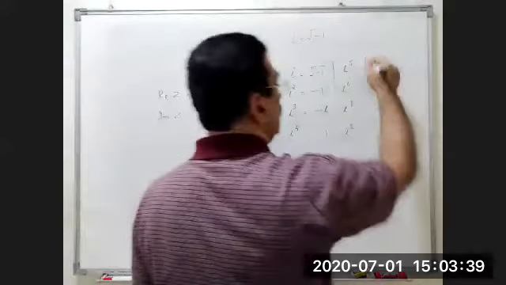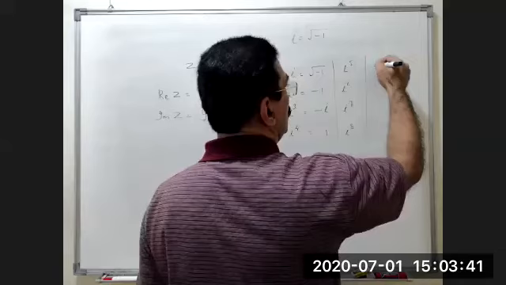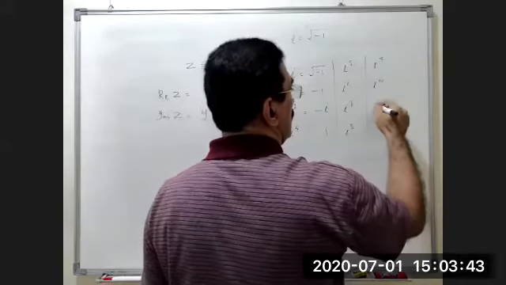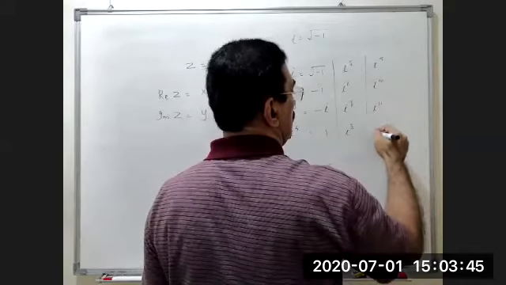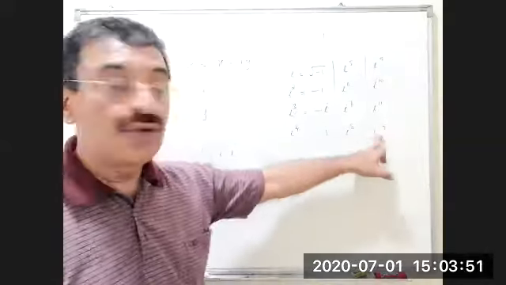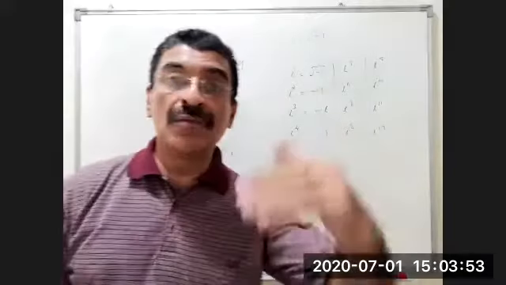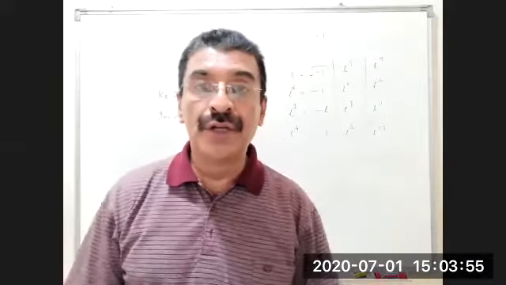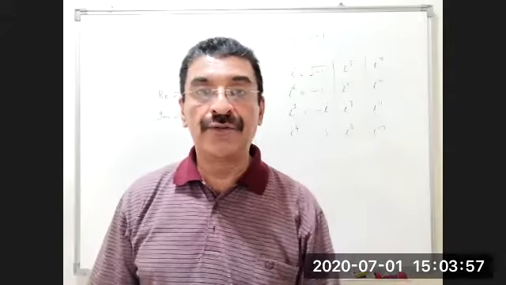Next cycle goes to i raised to 9, 10, 11, 12. So see that the value of i raised to 12 is 1 only. For all multiples of 4, it will be 1, the reason being i raised to 4 is 1.